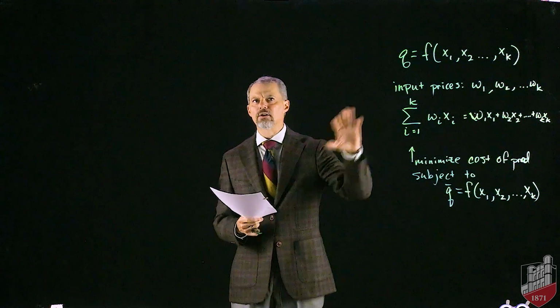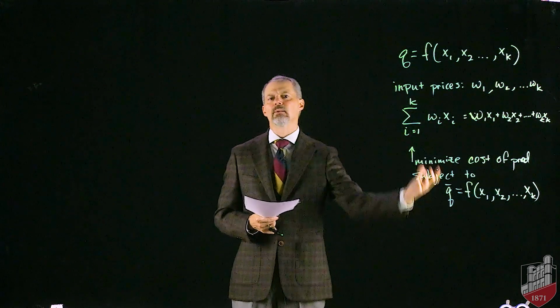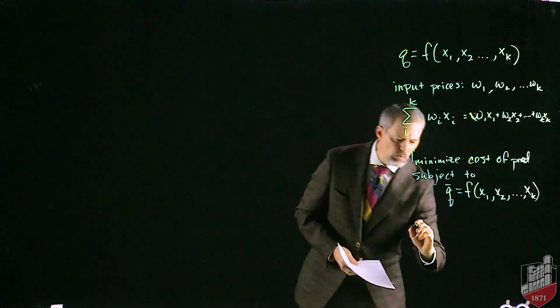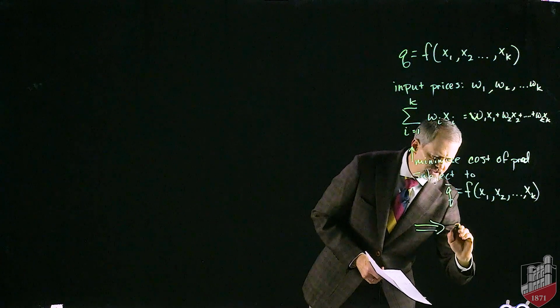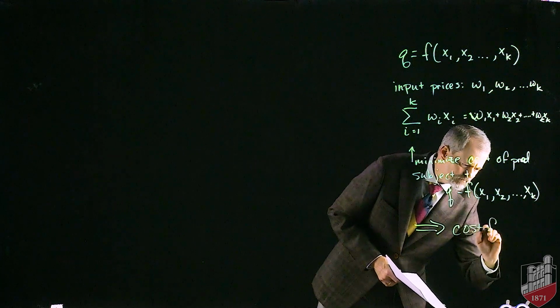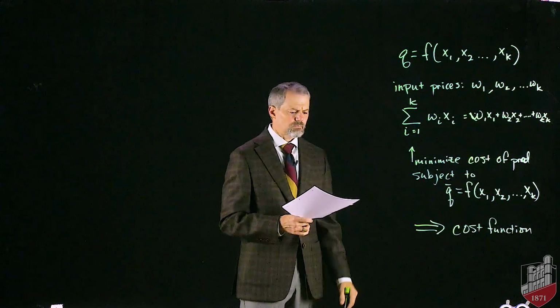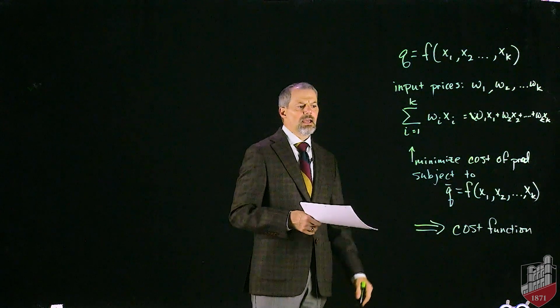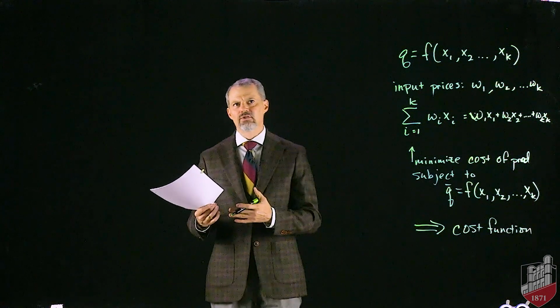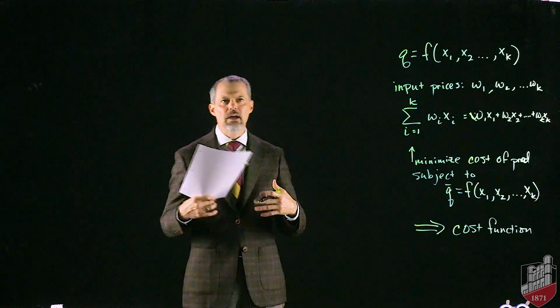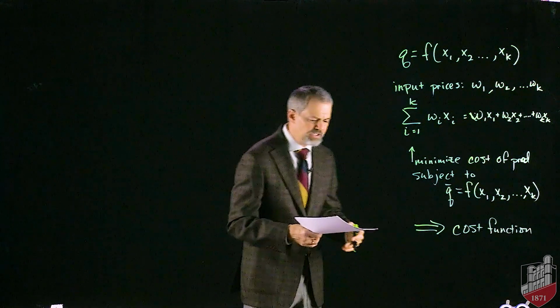It's relatively straightforward. So we're not going to review that here. What comes out of that, if we solve that problem, is the cost function. And different textbooks write the cost function differently.